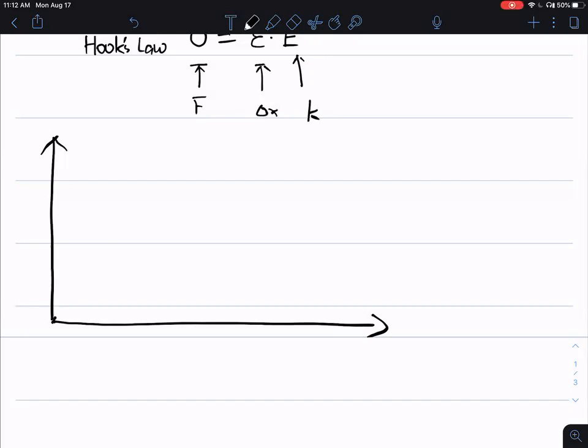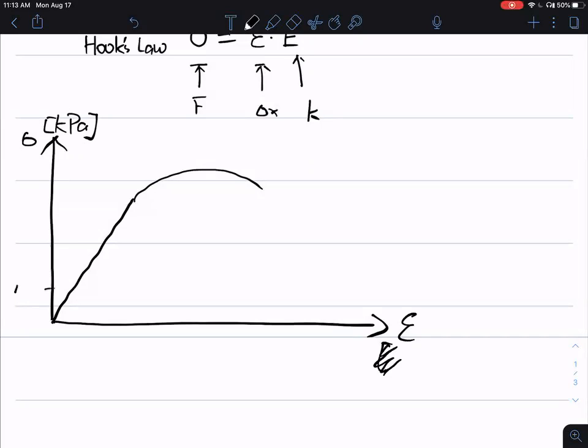If we have a stress strain diagram that looks like that, let me give it some numbers. Kilopascal. This is strain, there are no units.